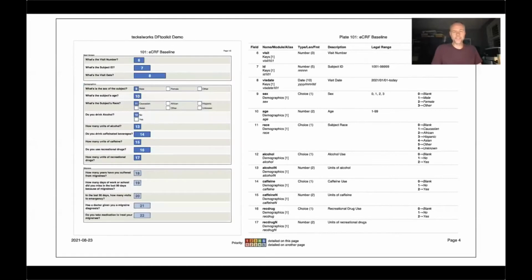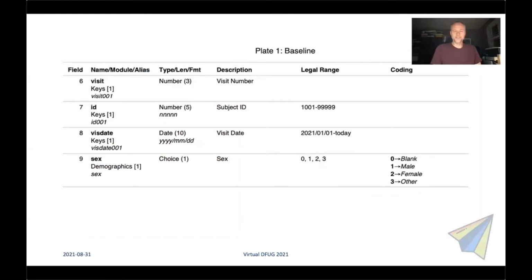If you're using eCRF, it looks very similar to what you would expect to see in DF Explorer or DF Setup. So let's take a look at the major field properties. We have the field number, the variable name, the module it's in, the alias, the type, the length in characters, a format if applicable, the description of the field, the legal range, and the coding if applicable.